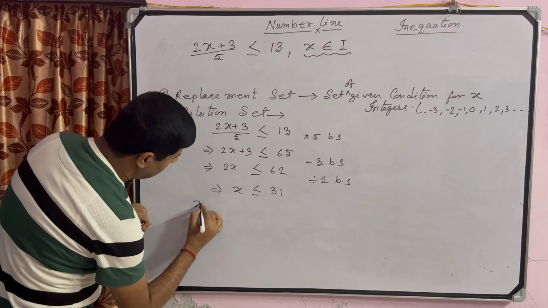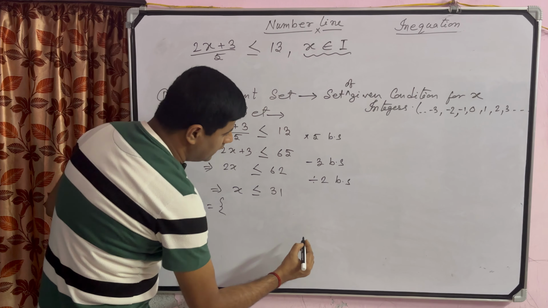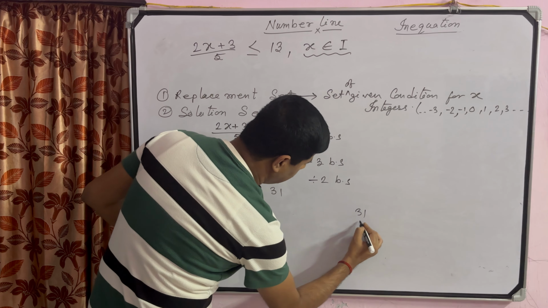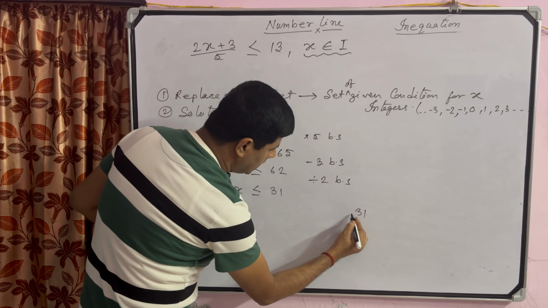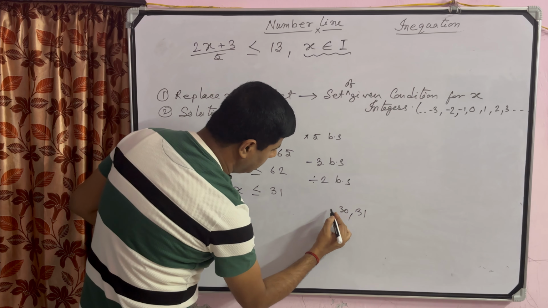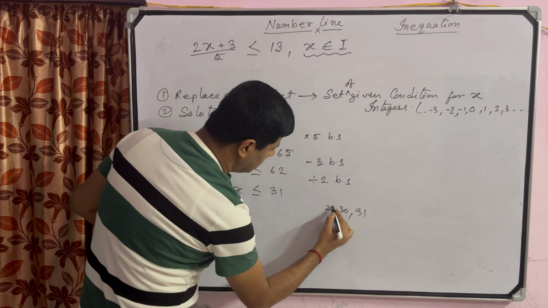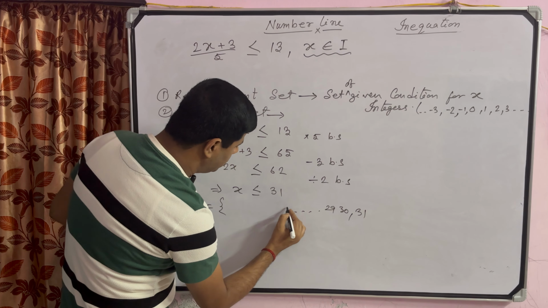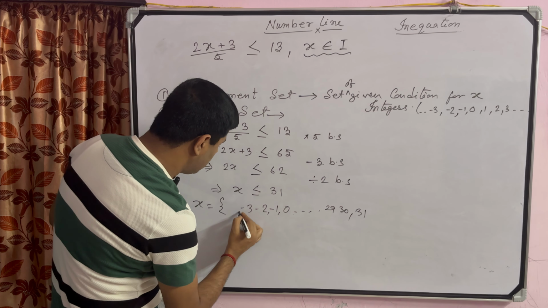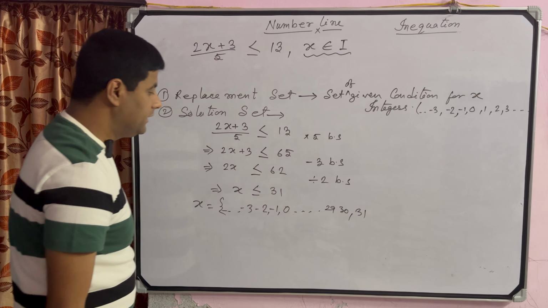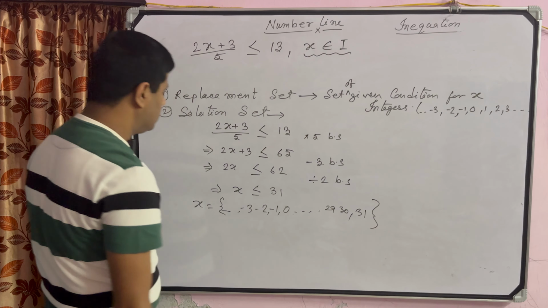So what are the possible values of x? x equal to, you can say 31, then obviously it is lesser than, it will not go that side, it will go downwards, so it will be 30, it will be 29, and so on up to 0, -1, -2, -3, and it will continue. So this will be the answer, correct?